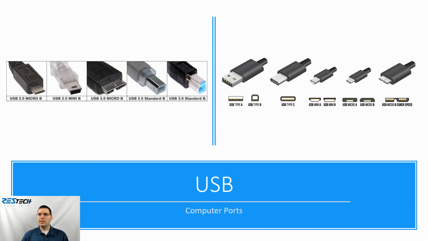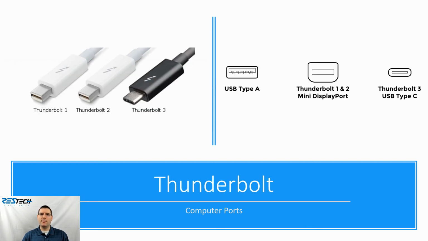There are several charts out there you can get to tell you what's what. And typically, to denote the current standard USB 3.0, that is going to have a blue bar on the inside.